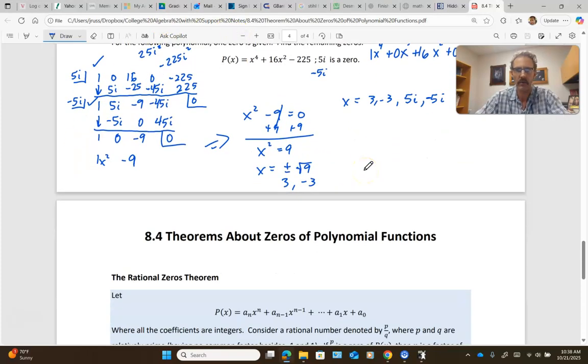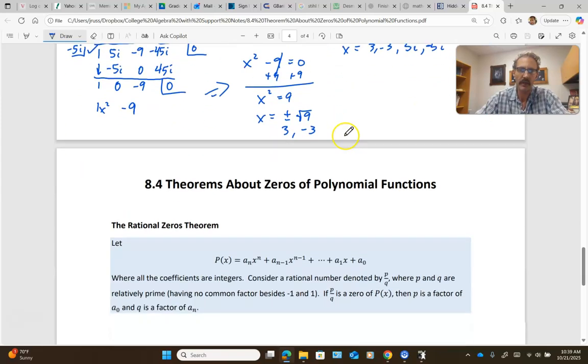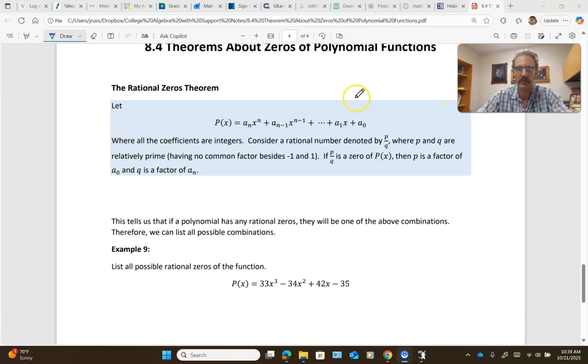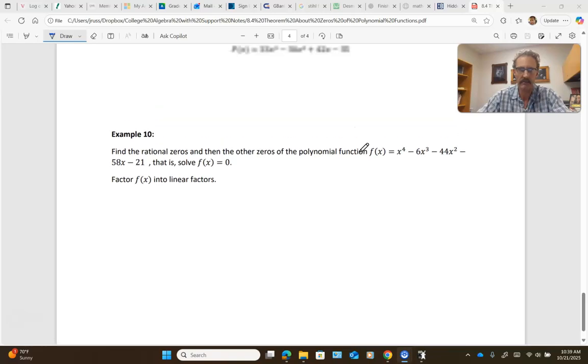Okay, so now we're going to do one more problem like this, in which we're finding all of the zeros of the polynomial. But before we do that, I want to talk about this rational zeros theorem. The reason we're going to discuss this theorem, guys, is because in example 10, it's going to ask us to find the rational zeros and then the other zeros.